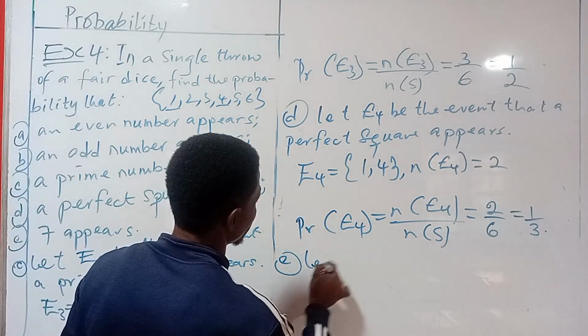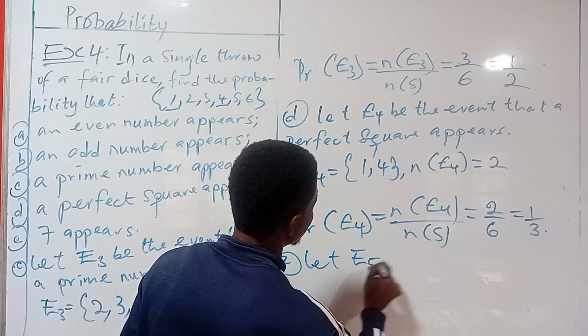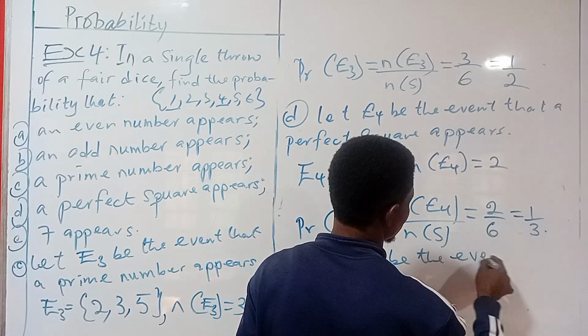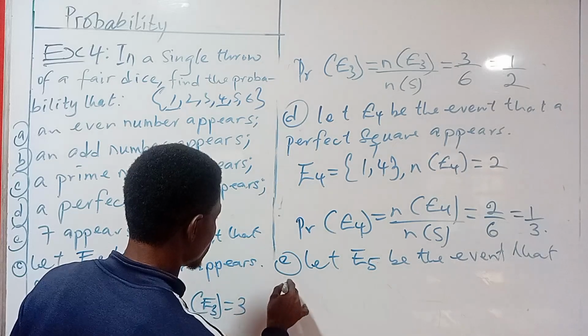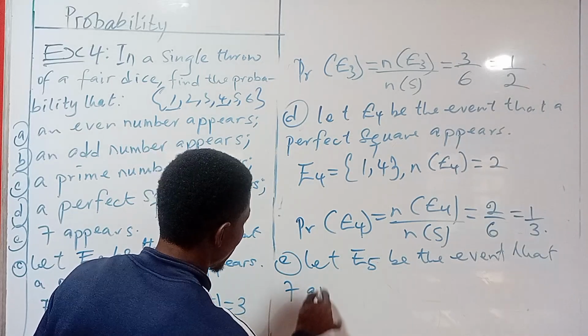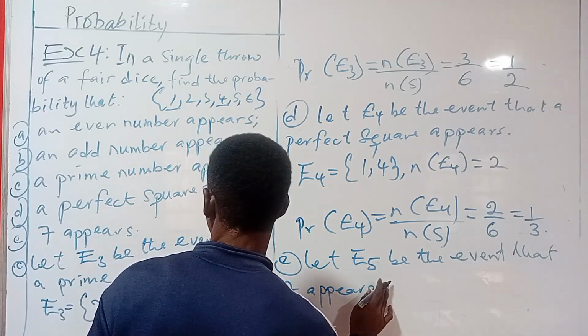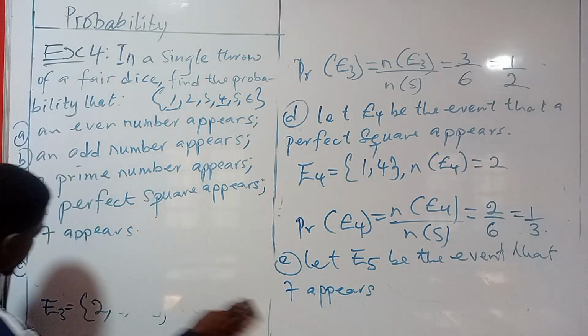Okay? Now let E5 be the event that 7 appears. So 7 appears.